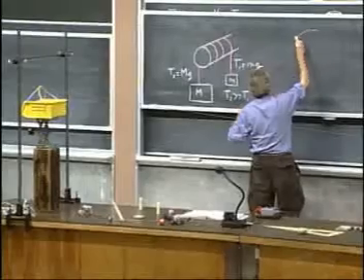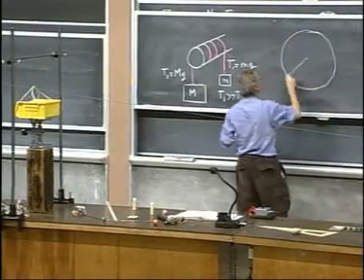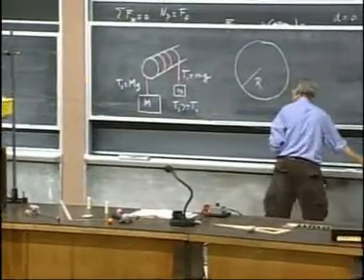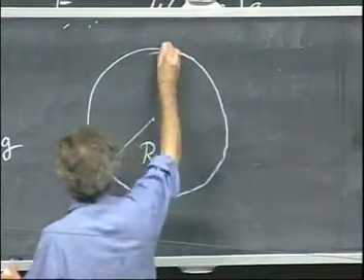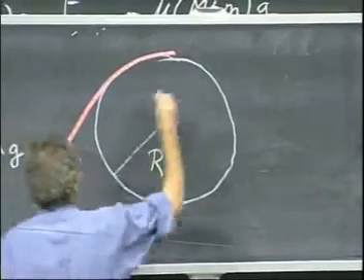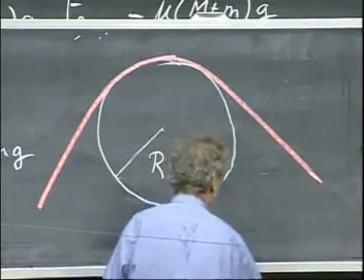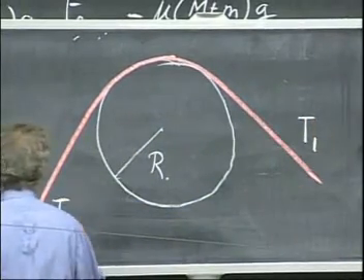Let's blow up that center portion, radius r, and let us have this rope here. I'll give the rope a color. It doesn't have to come off vertically, of course. It could be at any angle. There it is. And so here is my T1, and here is my T2.